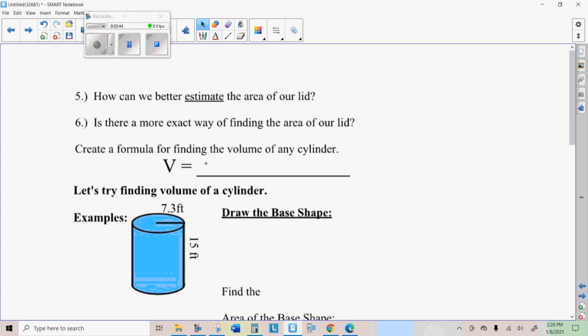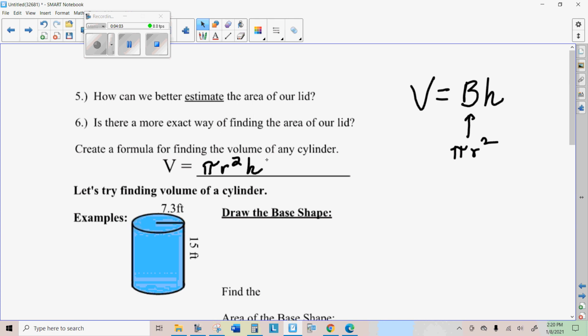So if you want a formula for finding the volume of the cylinder, you can just replace this B, that's base area, with pi r squared. So the volume equals pi r squared times the height.